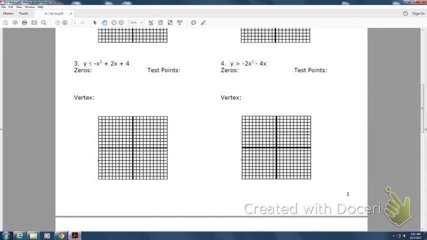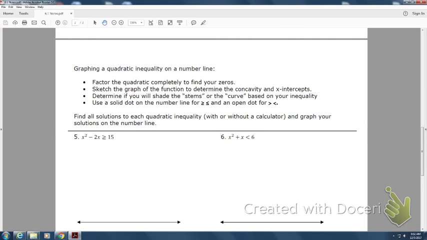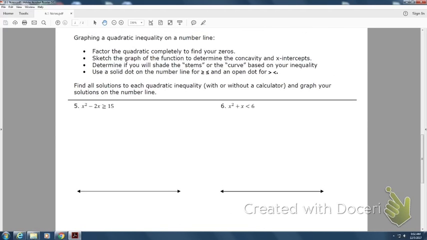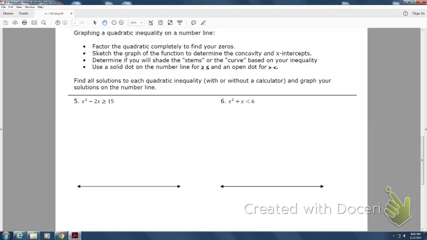Alright, turn over to the back. So, quite a few similarities on this. It says factor the quadratic completely, so very similar to that one. The way we're going to look at a lot of this, the concavity, we actually won't need to know that.